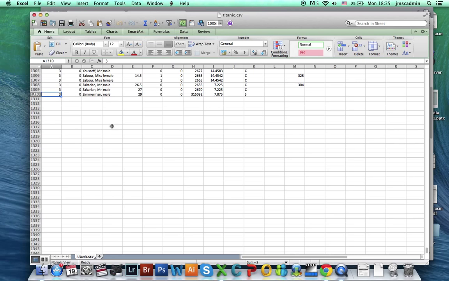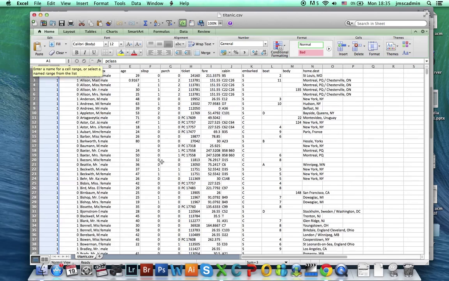We know that our data has 1310 rows. So A1 up to A1310 will select all the data from the P class, but we want to select the survive, so it should be B1 up to B1310.